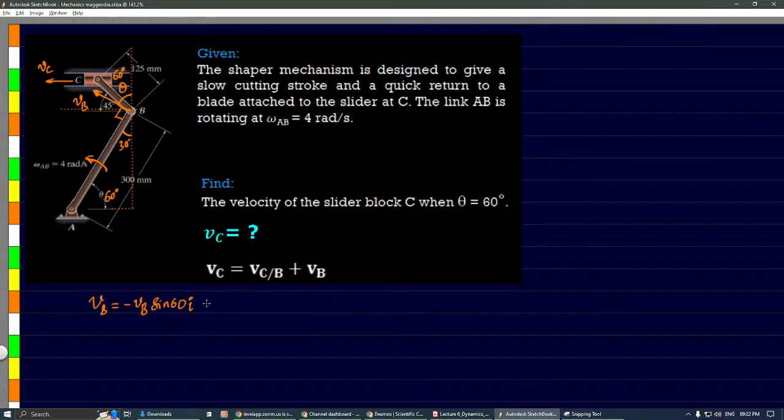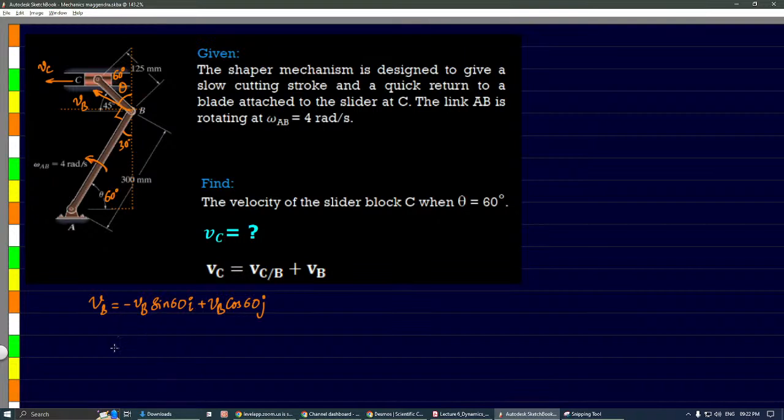Then y component will be VB into cos 60 multiplied with j. So this is upward, so it is positive.